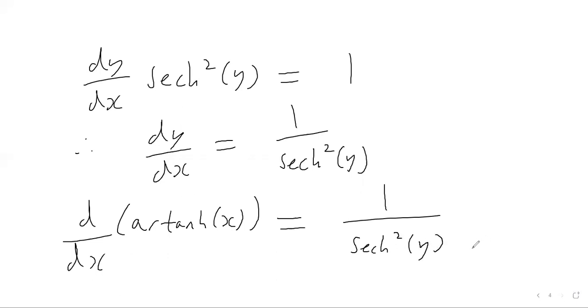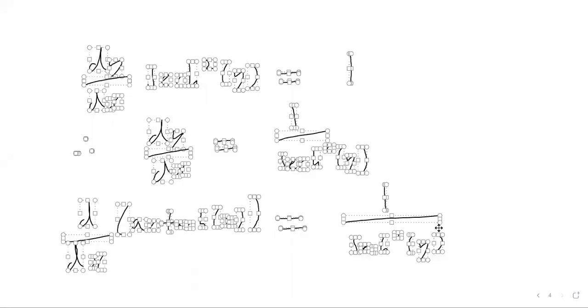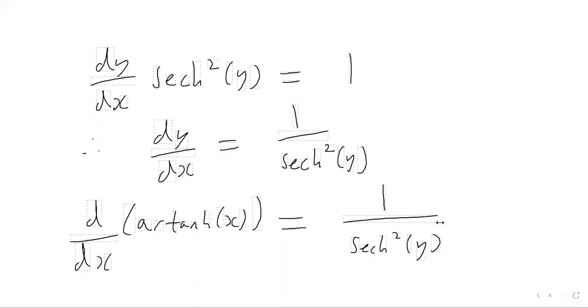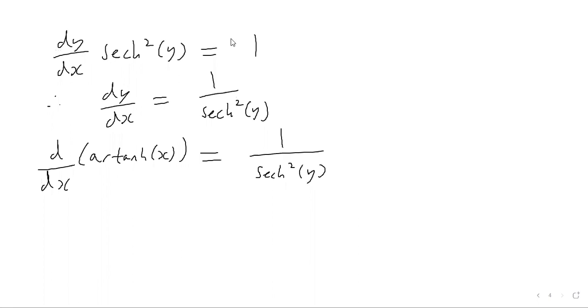The only issue we have left is that we've got the answer in the variable y, and we don't want that. We want it in the variable x. So again, we're going to need one of our hyperbolic trig identities.